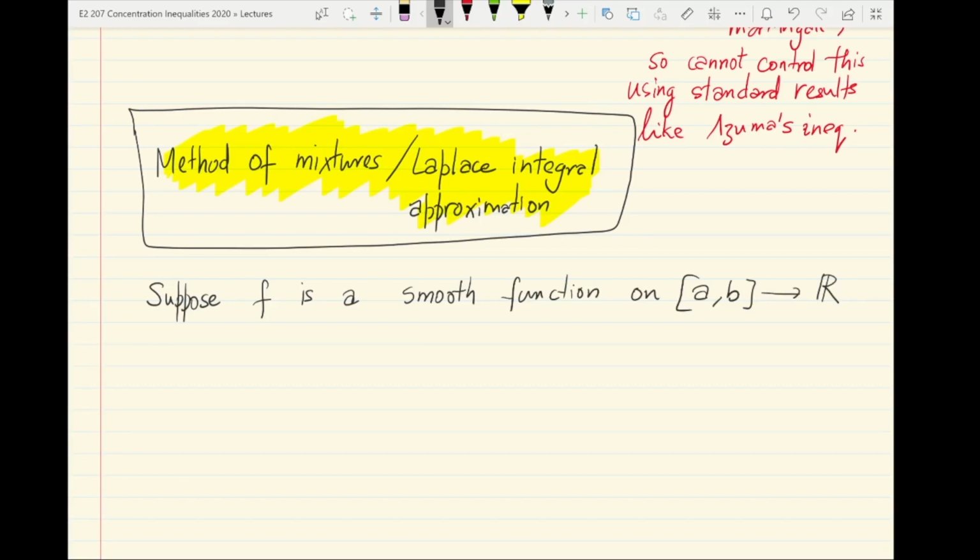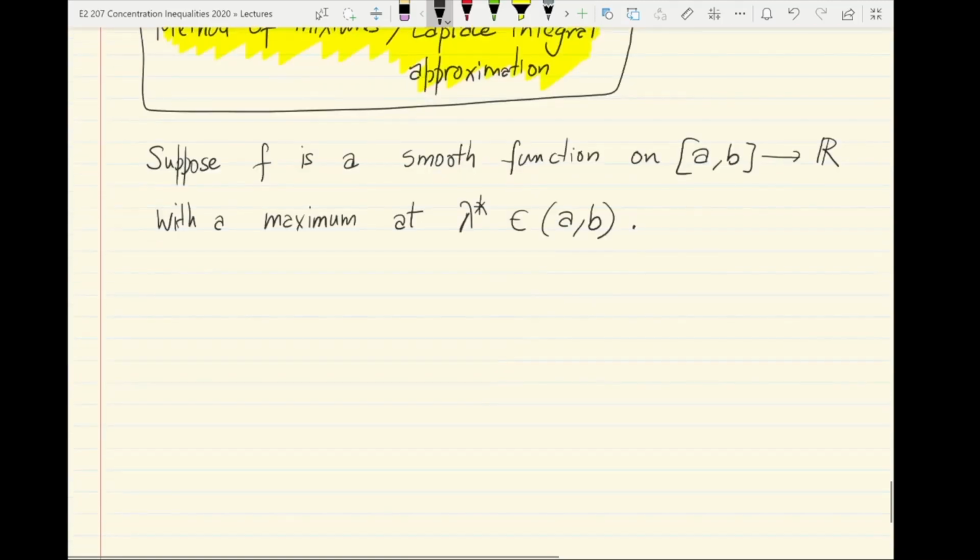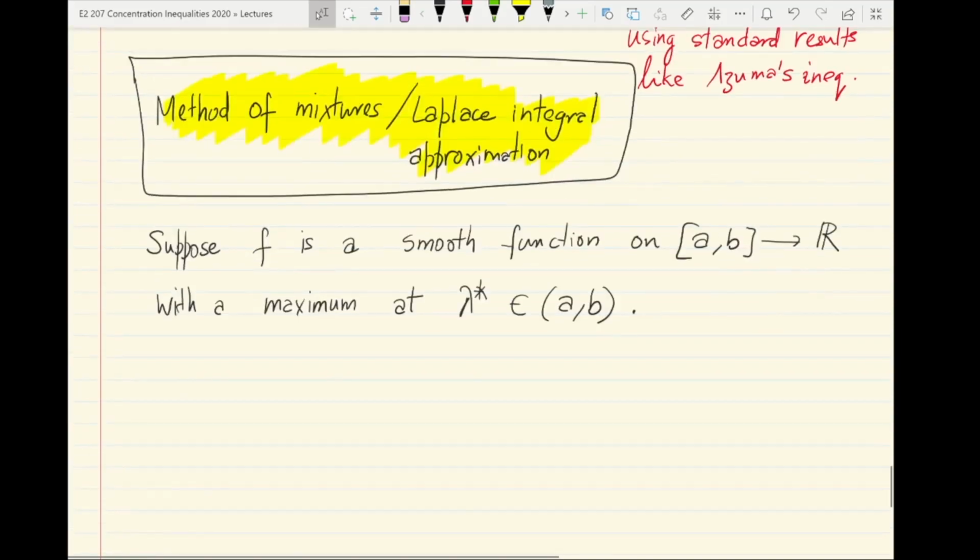Okay, so it's a real to real function with a maximum at an interior point λ* in (a, b). So f accepts an argument λ in the closed interval [a, b], and its maximum actually occurs somewhere in its interior.